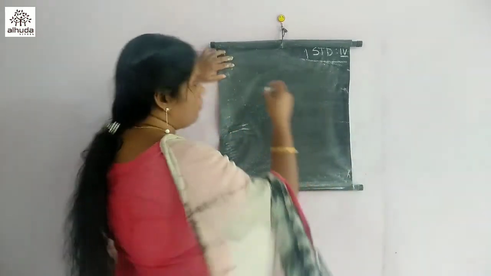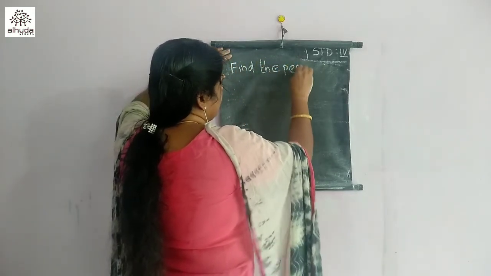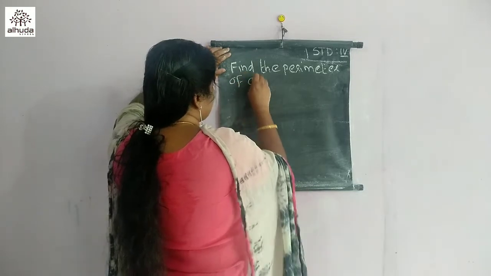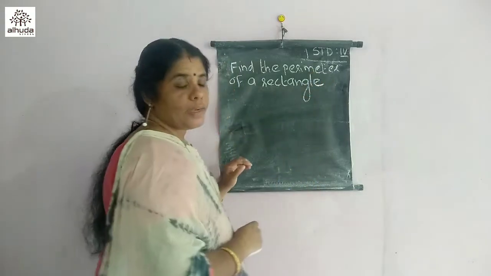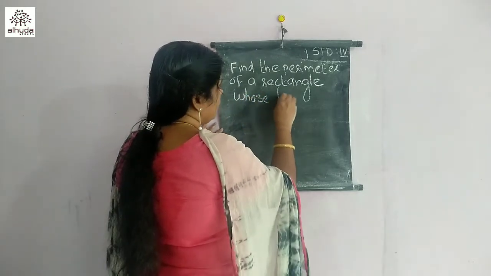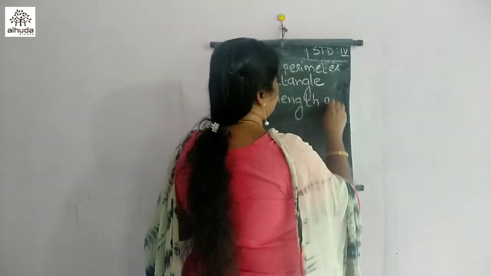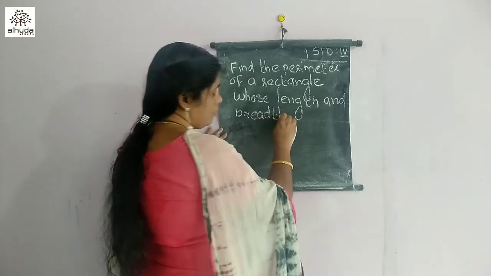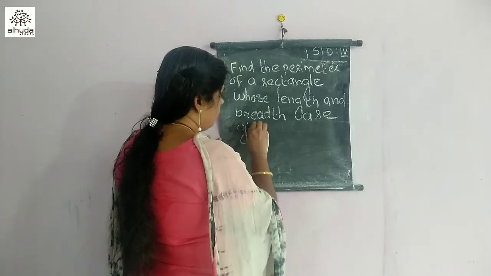Find the perimeter of a rectangle whose length and breadth are given below.